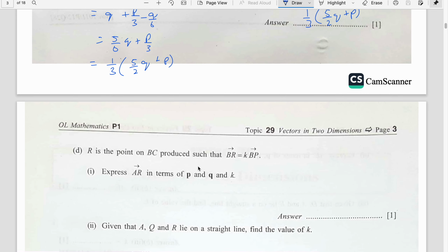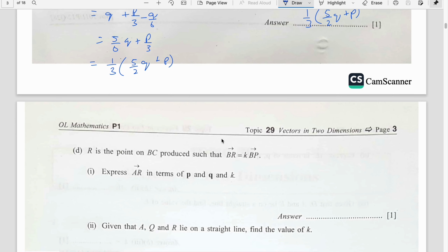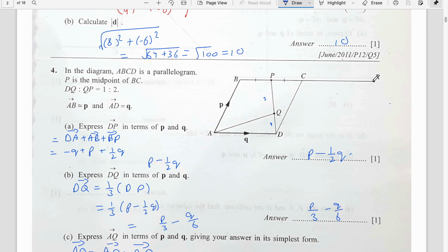R is the point on BC produced such that BR equals K times BP. So this is R, BR equals K times BP, and it says express AR in terms of P, Q and K. For AR we can write AB plus BR.